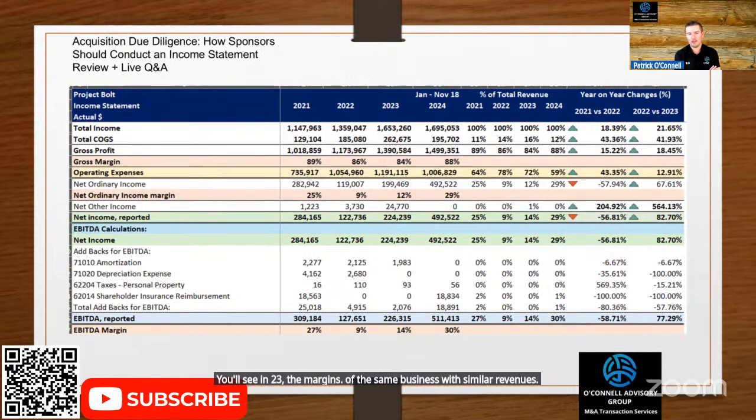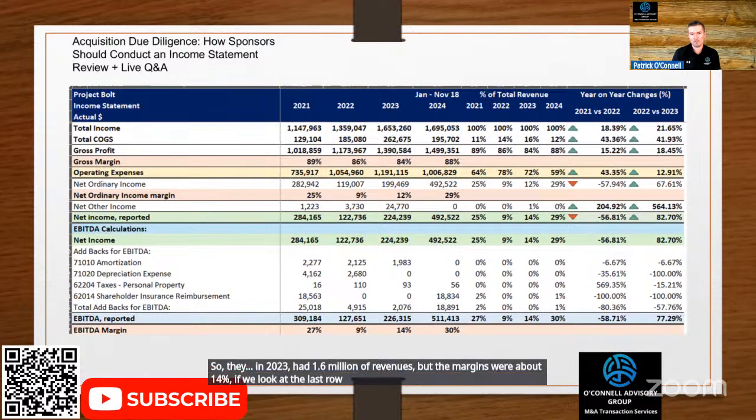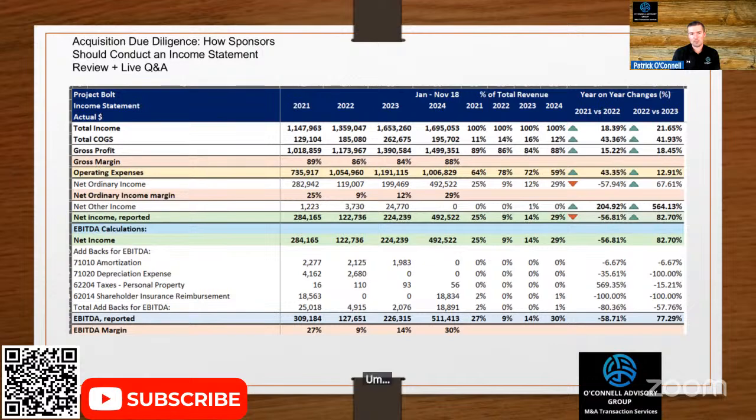In 2023 they had 1.6 million of revenues, but the margins were about 14% if we look at the last row of EBITDA margin. And then in the prior period, 9%. And in the first period showing here, in 2021, it had 27% margins.